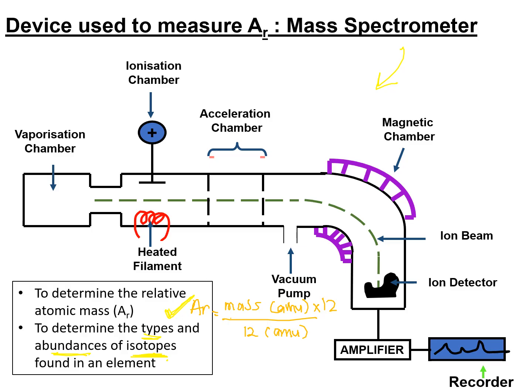For example, this is the start. Say you put a hydrogen atom here. What happens? The hydrogen atom will be vaporized in the vaporization chamber, and then it will be heated up in the ionization chamber.